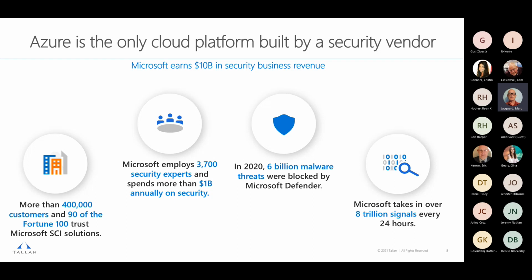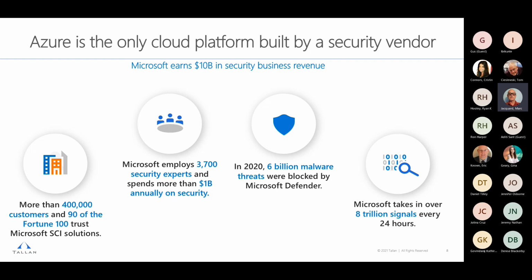If they're topping the Gartner chart, they're definitely doing something right. They employ over 3,700 security experts, and they spend over $1 billion annually on security. They have committed to spending over $5 billion. I think that actually went up to almost $10 billion over the next 5 years. That's a huge investment. I know some of these people. I used to work with some of these people, and they are security experts.